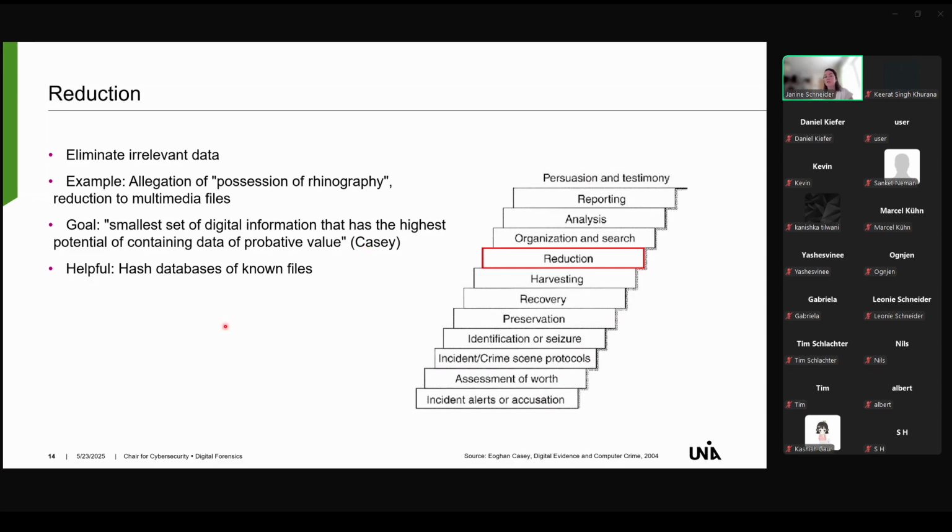Yeah, and reduction can also mean that if you already know that the case is about the possession of pornography, and for reasons you don't want to go through every single picture on the device, then you could hash all pictures and compare them to a known hash database of known files.